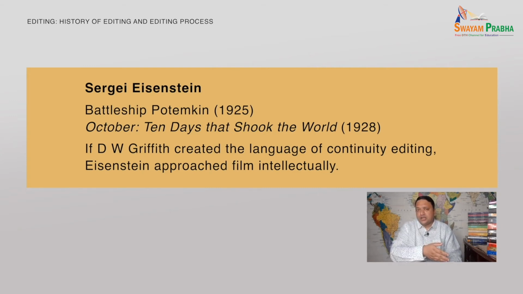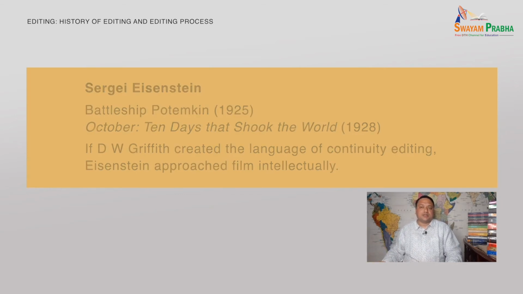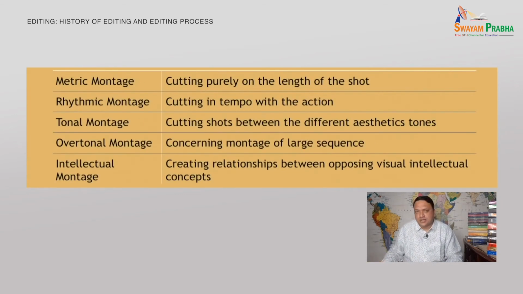For one, it was a physical process and for the other, it was a mental process. For Sergei Eisenstein and his Russian contemporaries, it was about the conflict. It was about the conflict between the ideas, the Marxist dialectic.